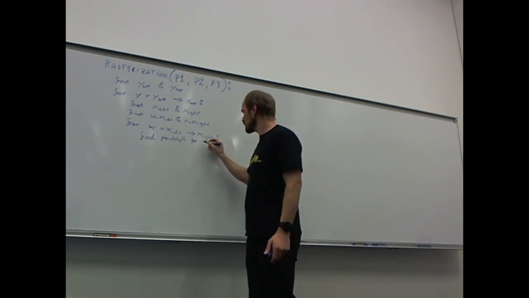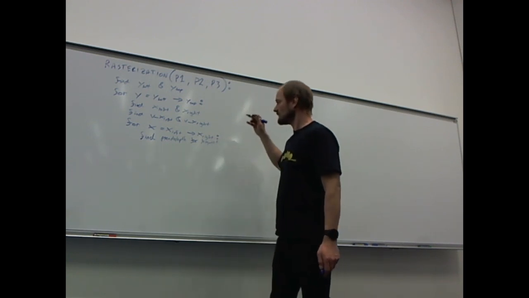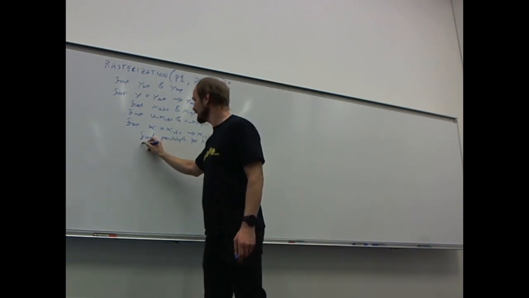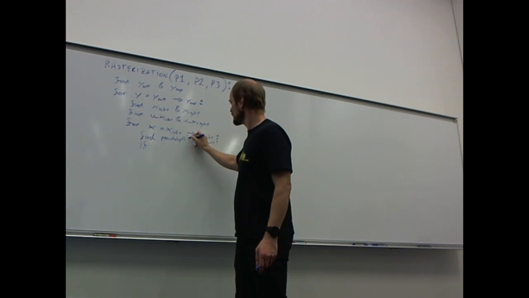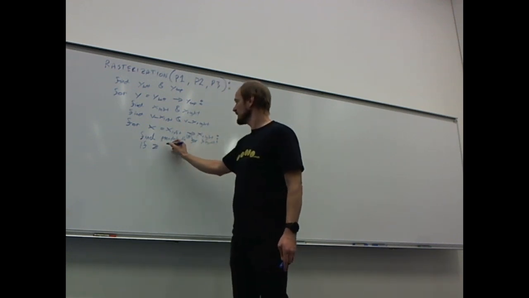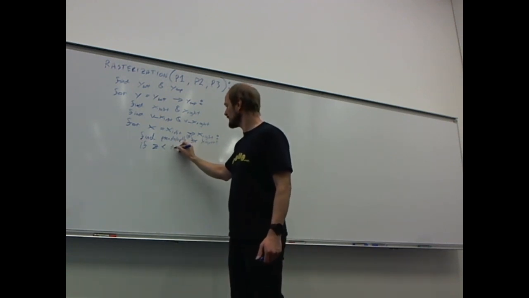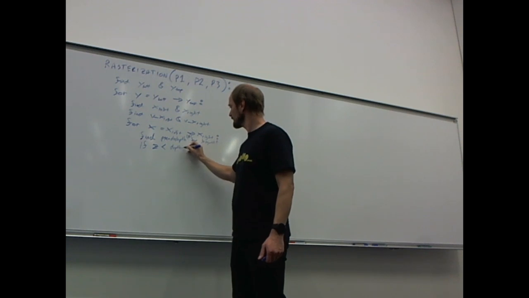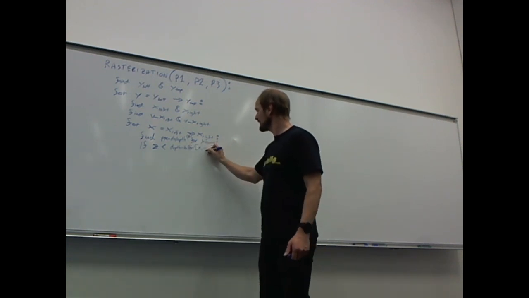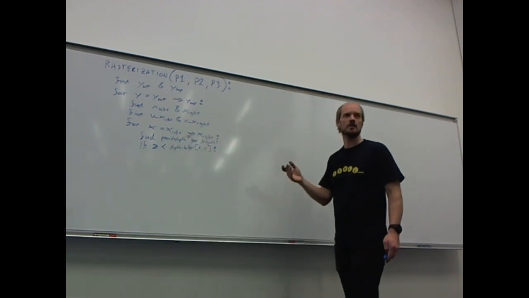So we find the pseudo depth for this fragment. At that point, we can say, if we call it z here, if this z is less than whatever is in the depth buffer at xy, then we continue, otherwise we don't. That's the idea.